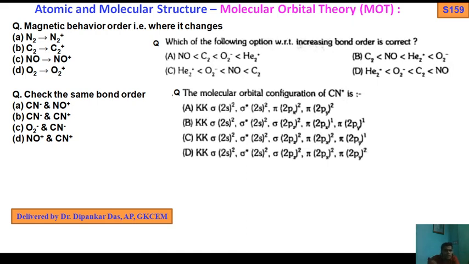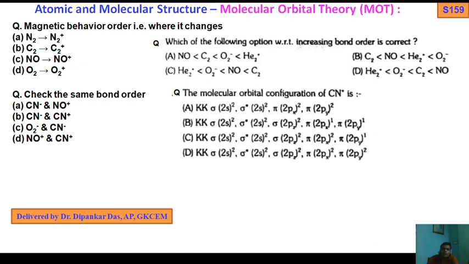So first write down the MO electronic configurations, then find the bond order, which is half of NB minus NA. Find out which option has the same bond order, so you have to find the individual bond orders by writing the MO electronic configuration.